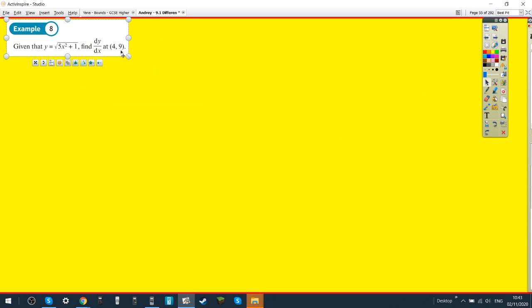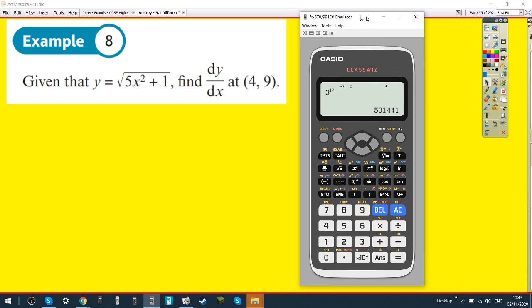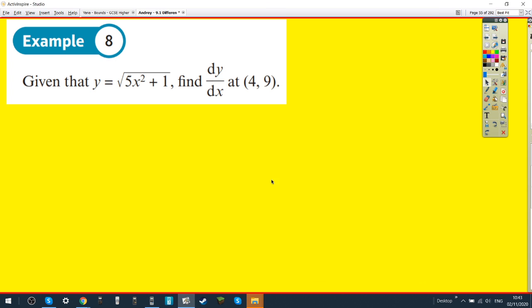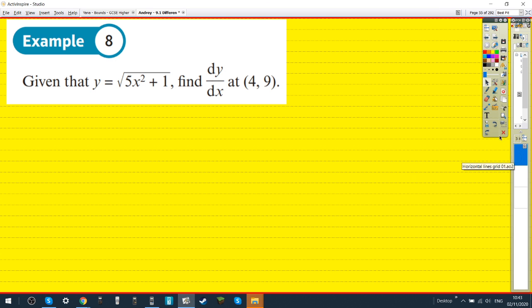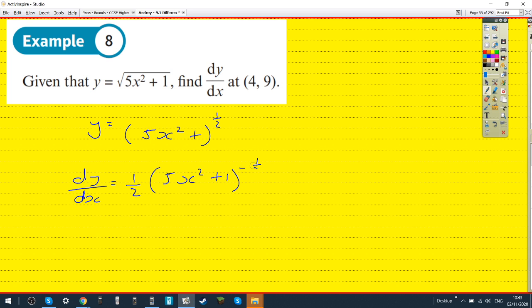Okay, how about this weird stuff? So that's the square root of 5x squared plus 1, which is the same as (5x squared plus 1) to the power of a half. And so will that differentiate to a half (5x squared plus 1) to the power of minus a half? What else? I now need to differentiate what's inside the bracket. Yep.